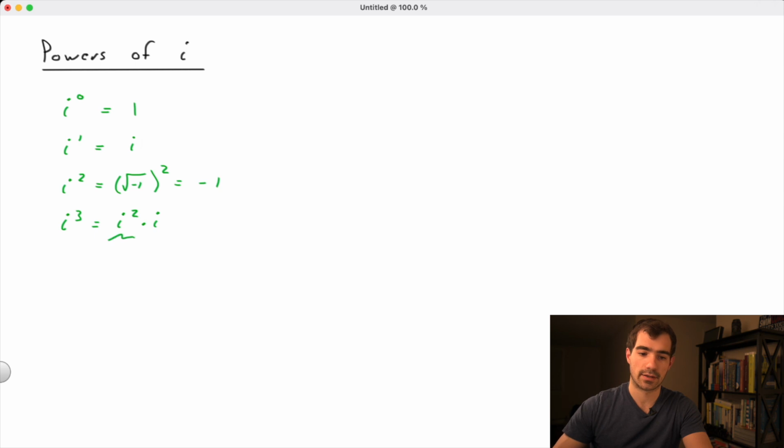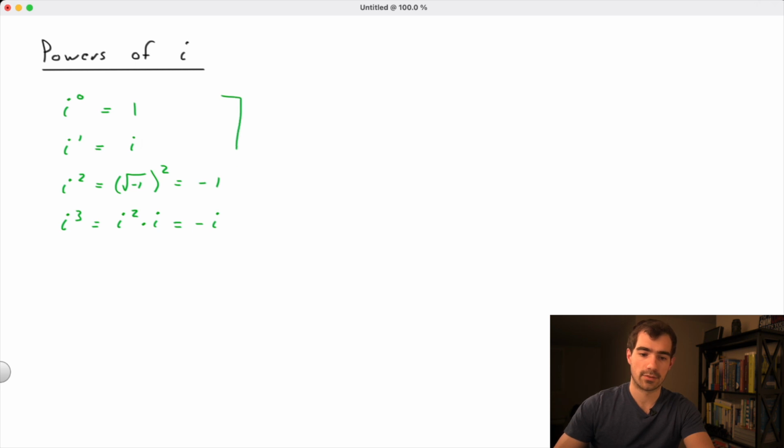Now i squared, as we just saw, is equal to -1, and so this would be -i, right? And so i to the 0 equals +1, i to the 1 is equal to i, i to the 2 is equal to -1, and i to the 3 is equal to -i.